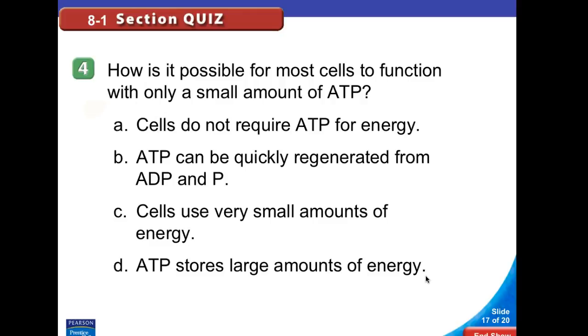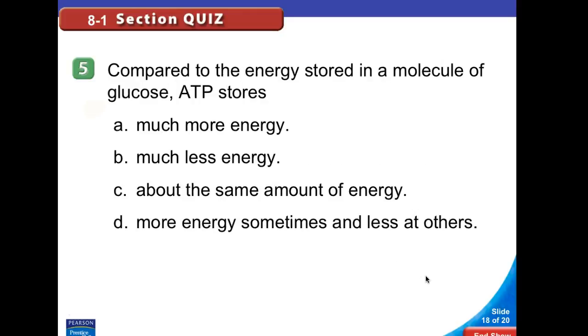B, ATP can be quickly regenerated from ADP and P. Compared to the energy stored in molecules of glucose, ATP stores A, much more energy, B, much less energy, C, about the same amount of energy, or D, more energy sometimes and less energy at other times.